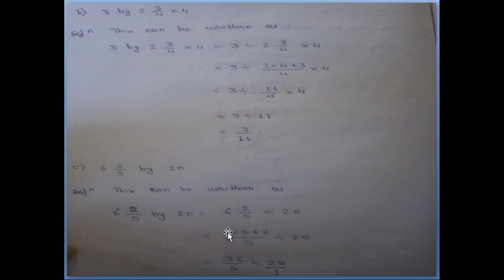So here first we will convert it into improper fraction, so that is 6 into 5 plus 2 divided by 5 divided by 20. Then 6 into 5 is 30, 30 plus 2 is 32 divided by 5, then divided by 20 by 1. So 20 can be written as 20 by 1 in the form of fraction, as it is given in the form of whole number.